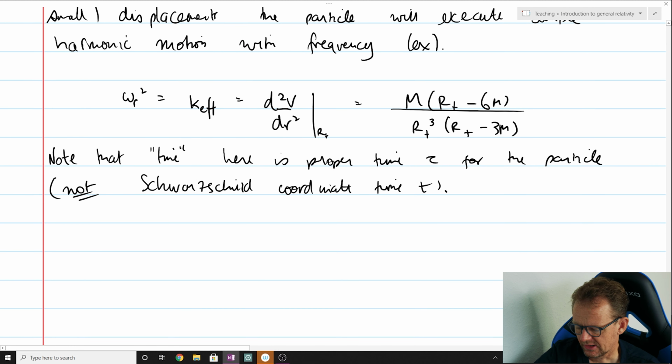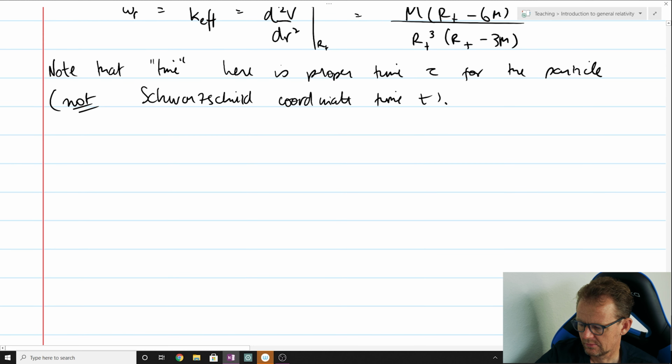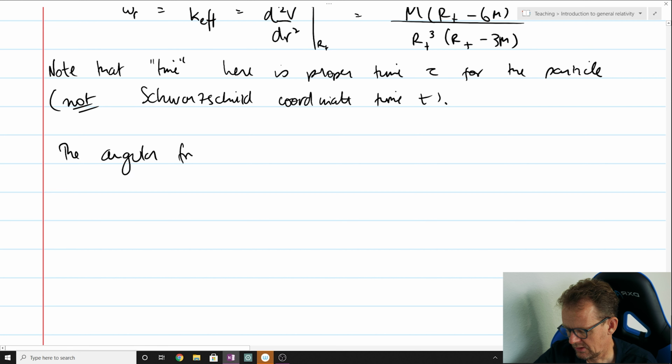So we've already worked out now that the particles execute these little oscillations around this stable radius. Now the test particle is also moving around the celestial body, right? Once every however many seconds. And we need to work out what is this angular frequency, right? How often does it go around the celestial body?